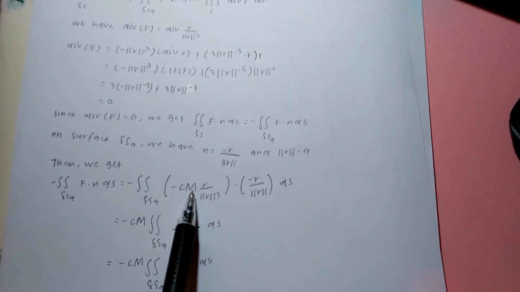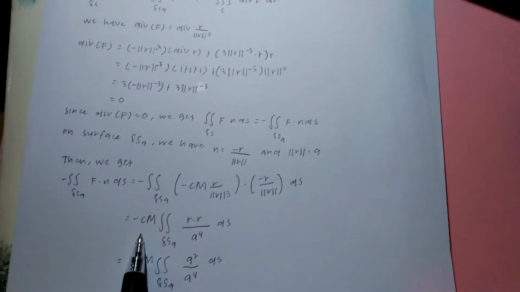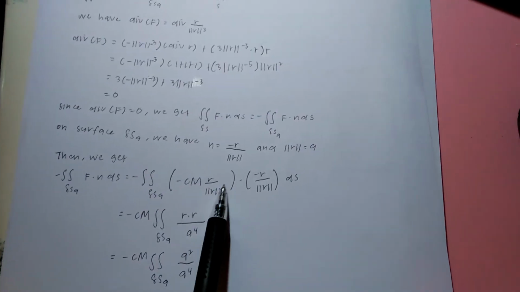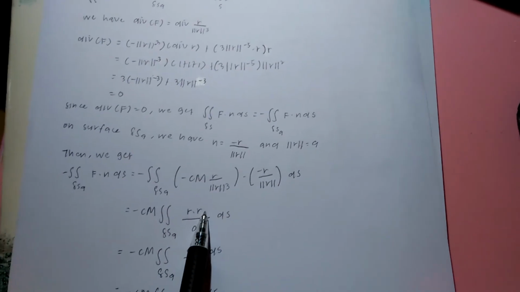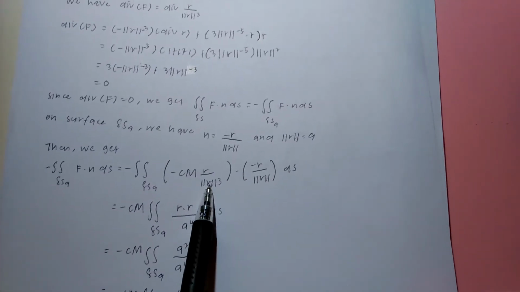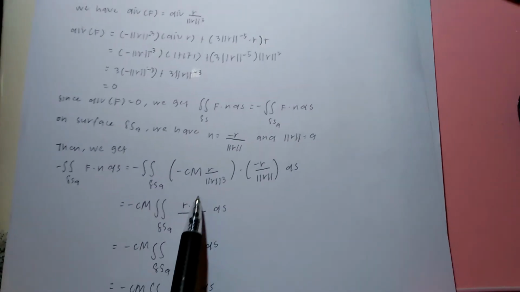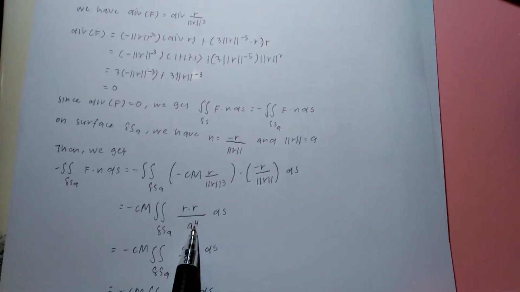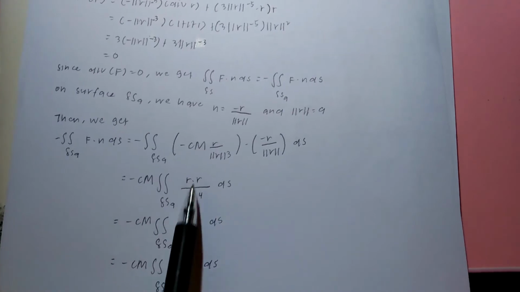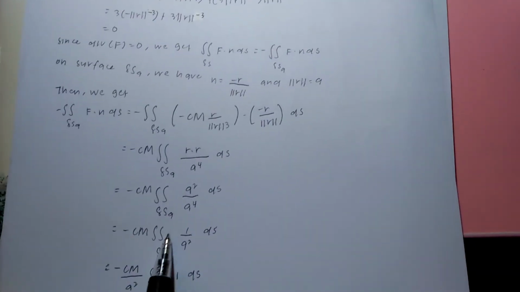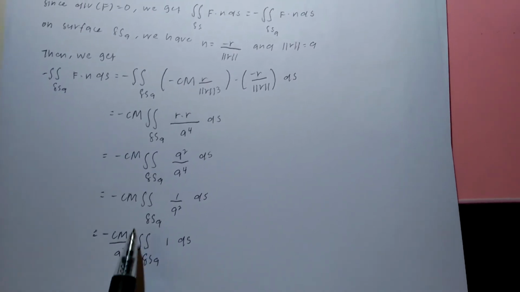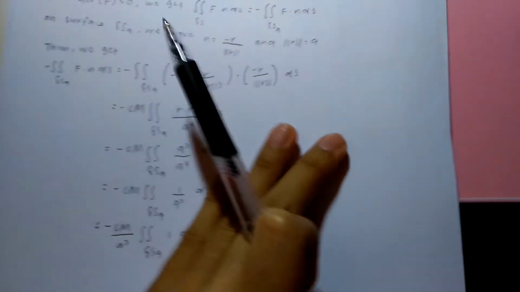So we will bring the minus cm to the front, and we multiply both r, and we will get r to r, and r cube times r, we will get r to the power of 4, and r to the power of 4 is equals to a to the power of 4. Same with r square, we will get a square. Then we will get the answer minus cm over a square double integral 1 ds.